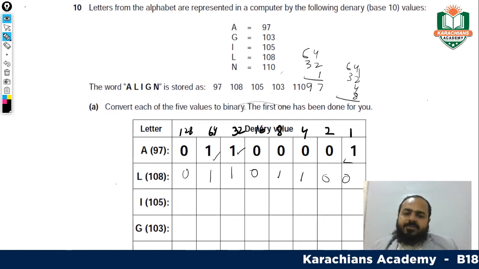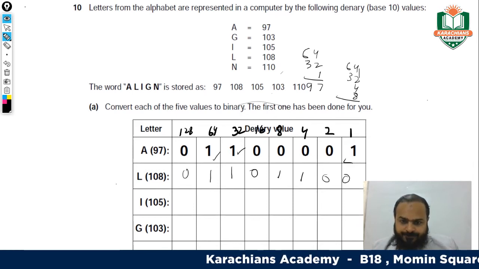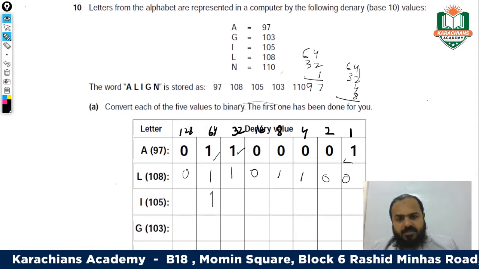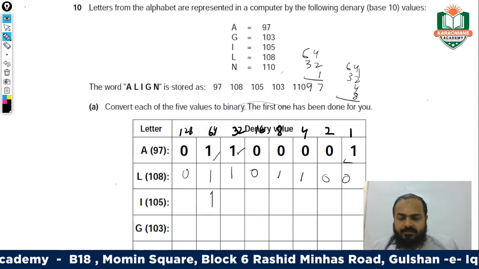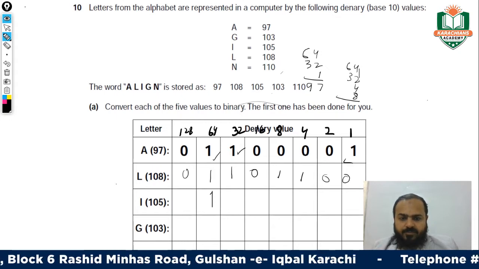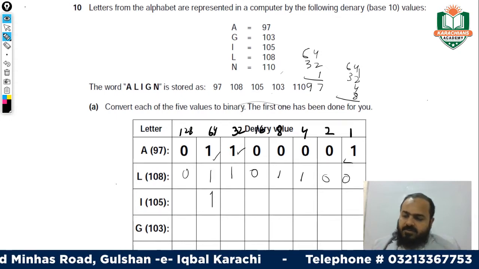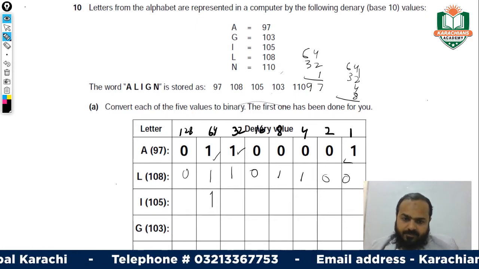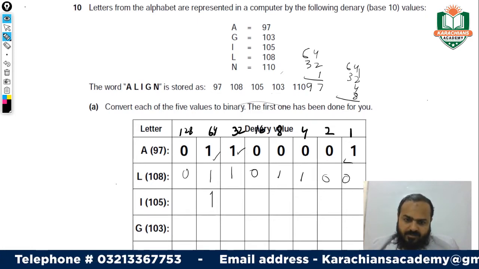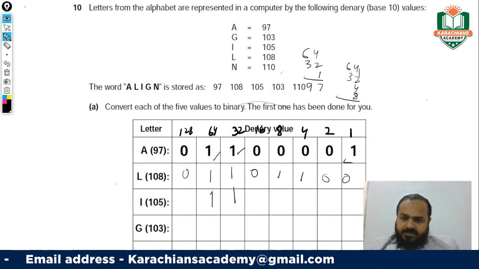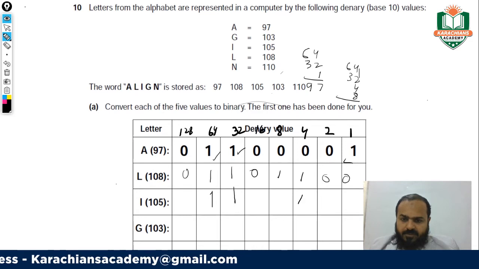It's 105. So we power on here 64. Then we power on here 32. Then we power on here 4: 96, and 96 plus 4 is 100.